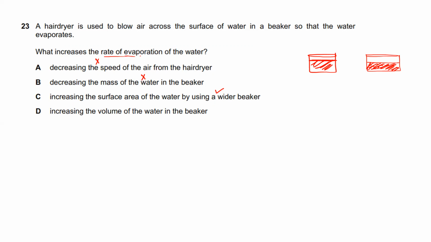Again, it will have no effect because the area available for the water molecules to escape the liquid is the same. So this is again not the answer. Eventually, answer C is the best choice we have.